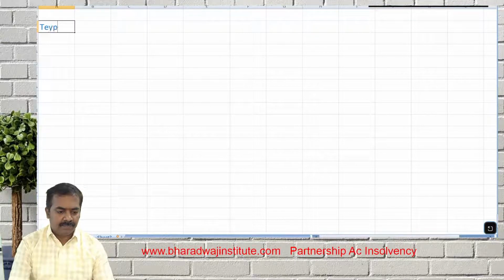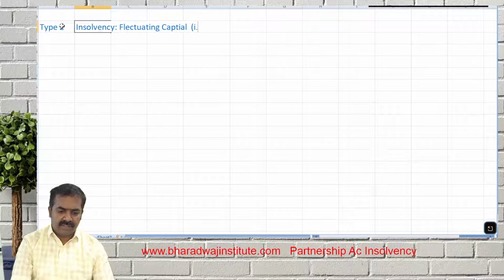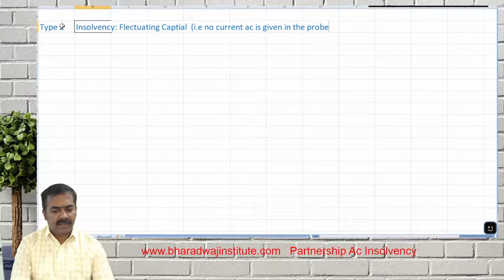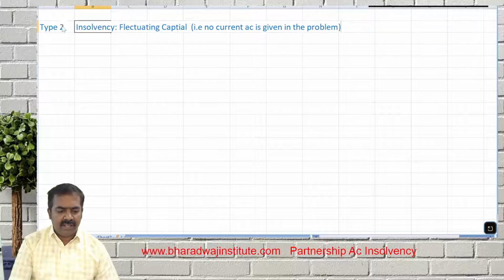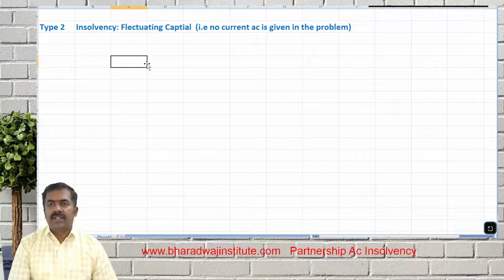Type 2. Insolvency with fluctuating capital. That is, no current account is given in the problem. In this case, what to do?